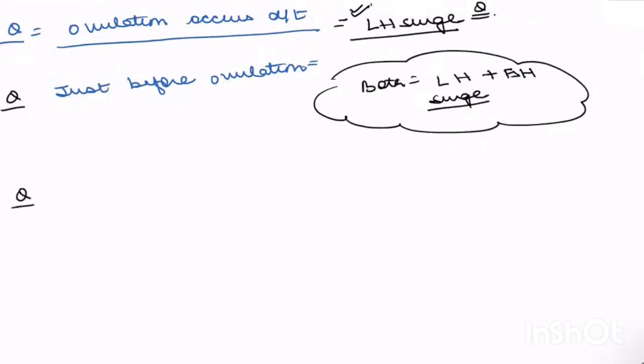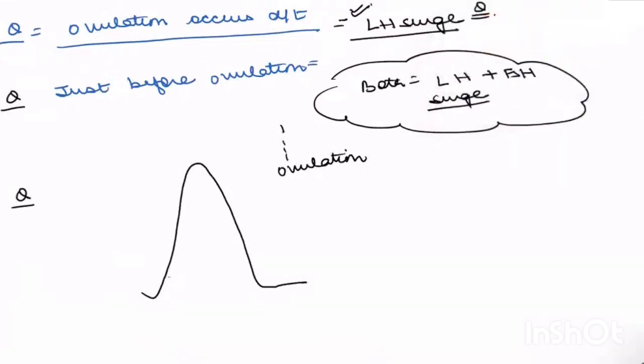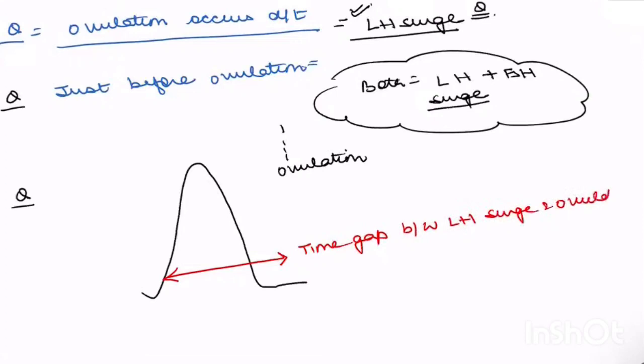Next question. So if this is ovulation, this is LH surge, and this over here is ovulation. So if I ask you, what is the time gap between LH surge and ovulation? कितना टाइम इंटरवल होता है between LH surge and ovulation?